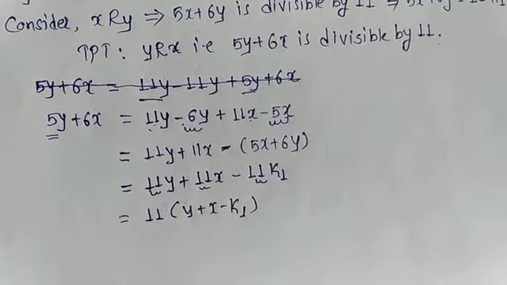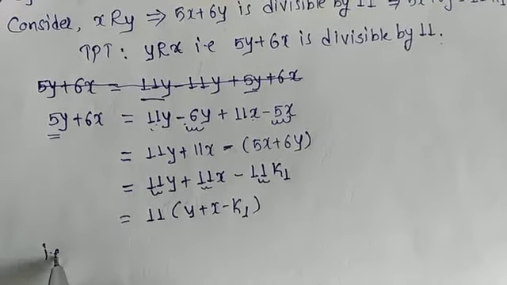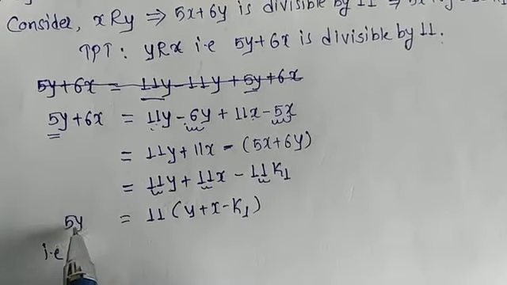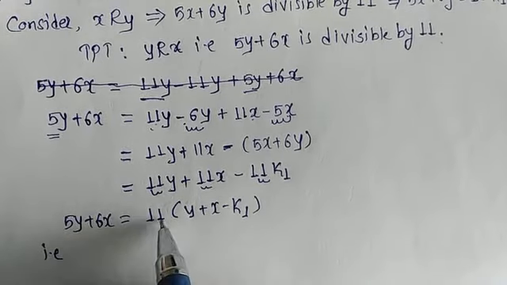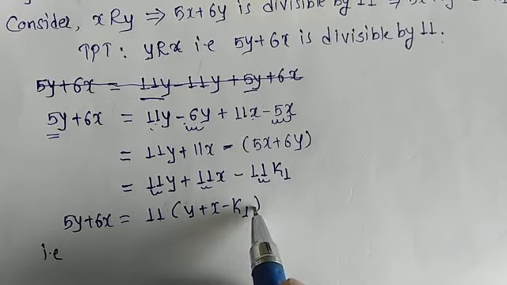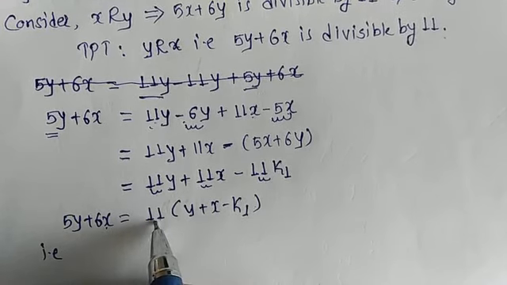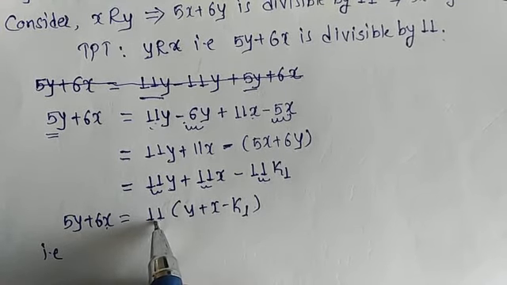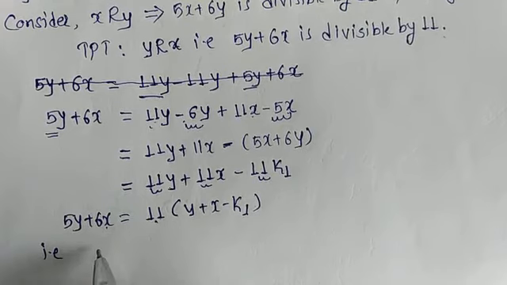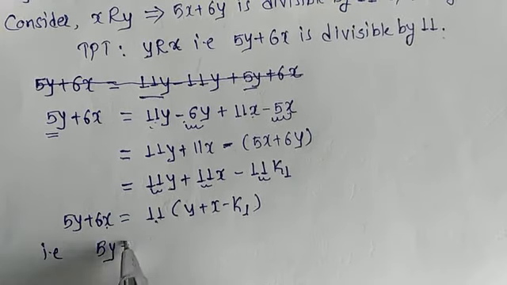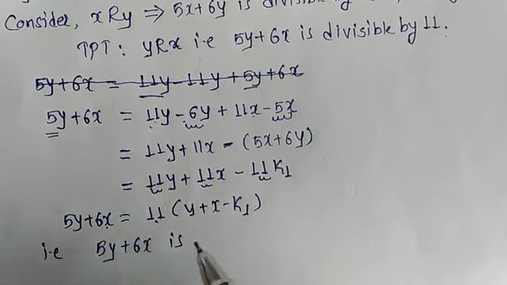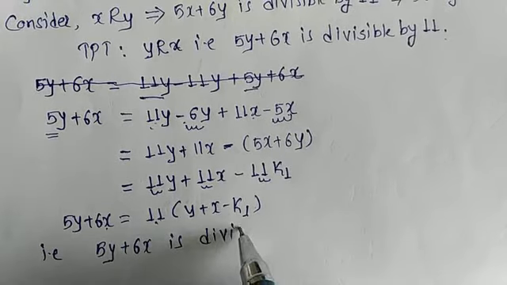So we get 5y plus 6x equal to 11 into bracket y plus x minus k1, which shows that 5y plus 6x is a multiple of 11, that means it is divisible by 11.